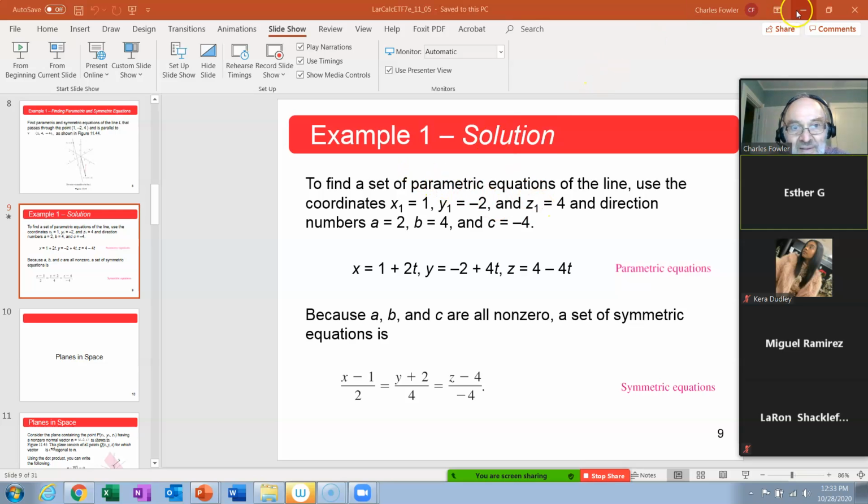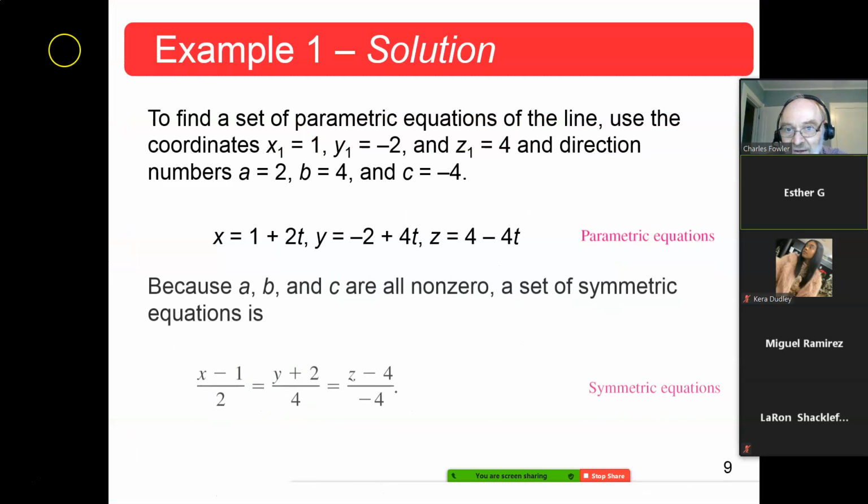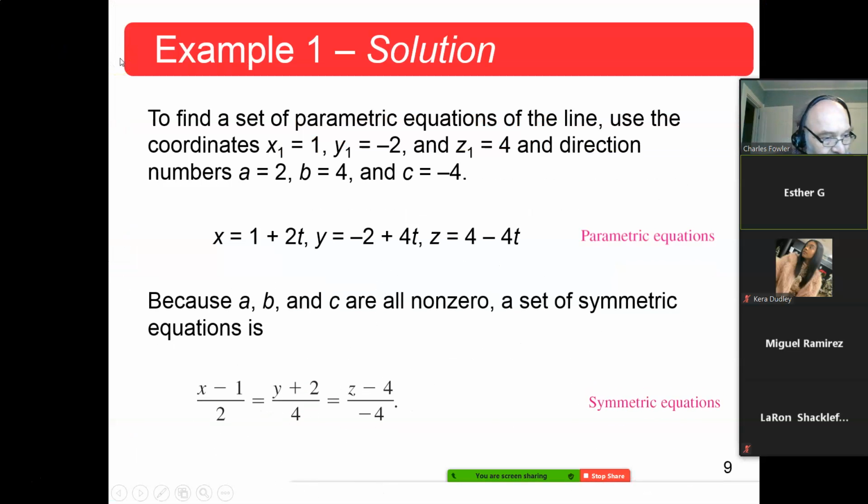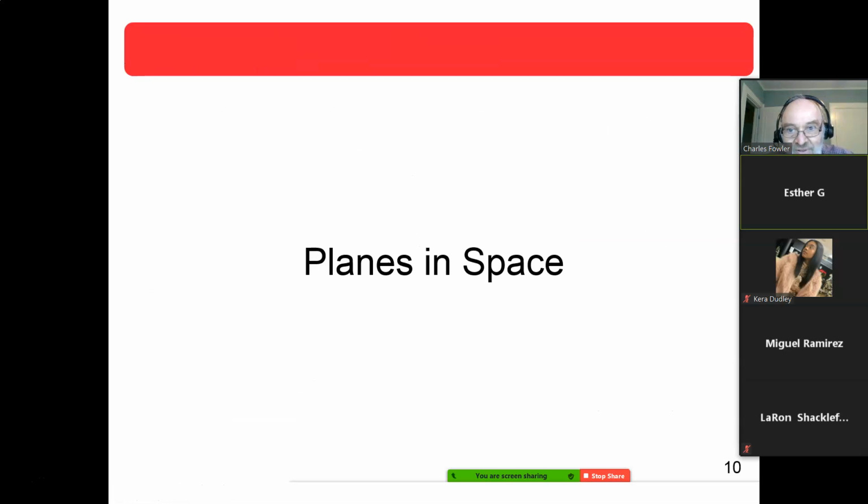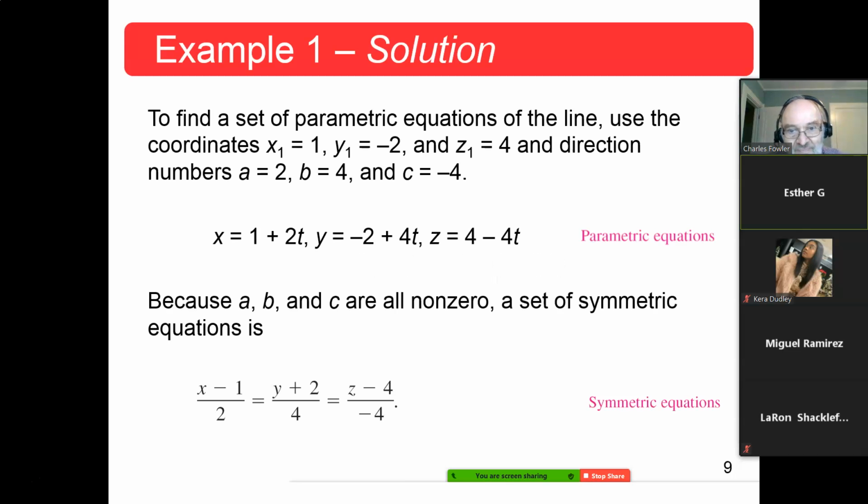So let me start from the current slide. I guess I'll just do that. Okay. Now we did example 1 last time, and example 2 we're going to do before we get to planes in space. So, any other questions before we get started today?